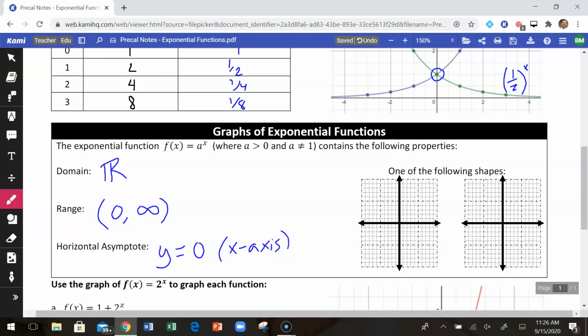Okay, and again, that will change if there are transformations, but as long as we don't have transformations, then it's just a number to the x power. That is always going to be the case. There are always going to be one of two shapes. It's going to be exponential growth, which will look like that, or exponential decay, which will look like that. Okay, that's always going to be the case.